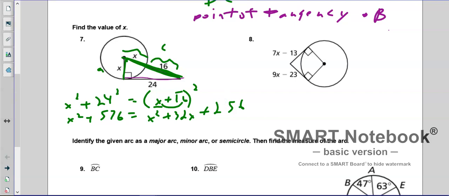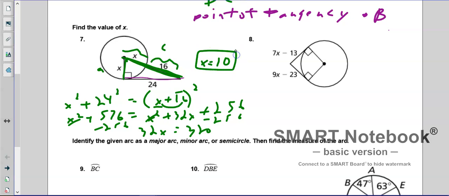Now, when I subtract x squared, that goes bye-bye. I subtract 256. And I get 32x equals 320. So when I divide by 32, x is 10.